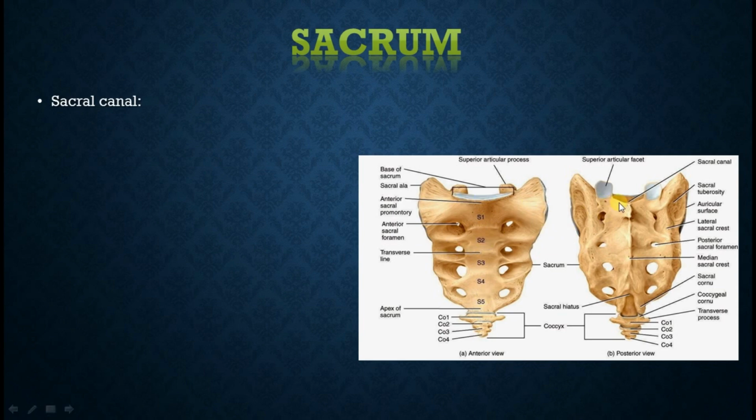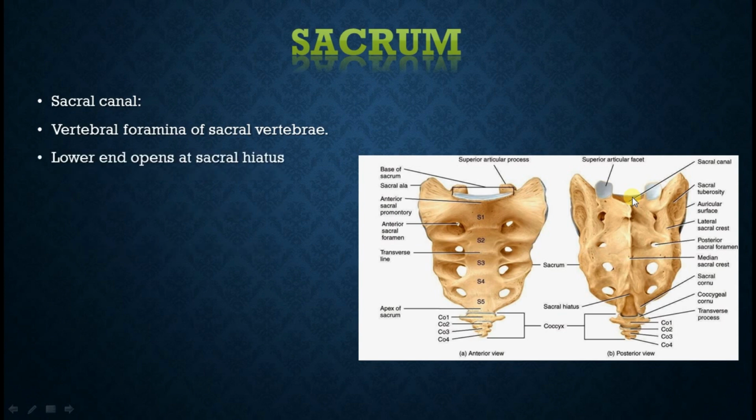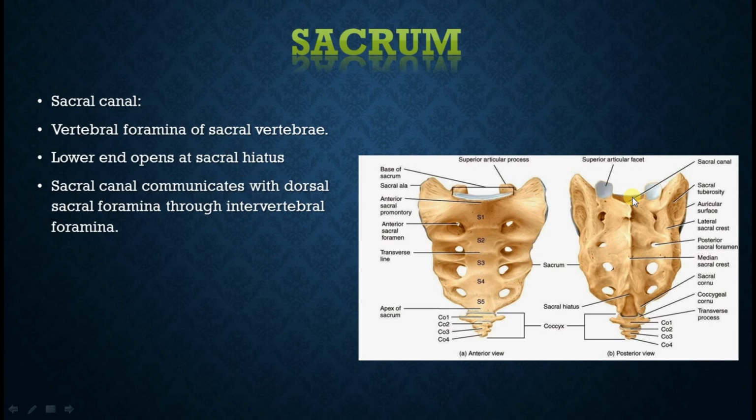Above you see the sacral canal, which is the vertebral foramen of the sacral vertebrae. It is transformed into a canal because the spines are fused. What is transmitted through it is mainly the meninges, that is the filum terminale.